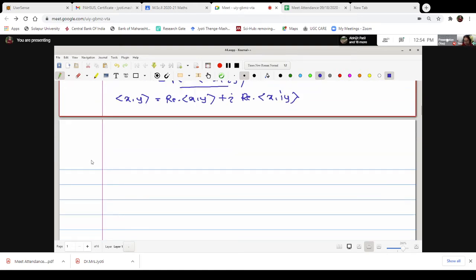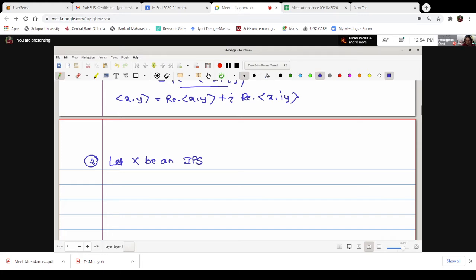In the second example, what we want to do? We want to prove about the Cauchy sequences. That is, if we have two Cauchy sequences in the inner product space, then their inner product is again a Cauchy sequence. Let me write the example. Let X be an inner product space.